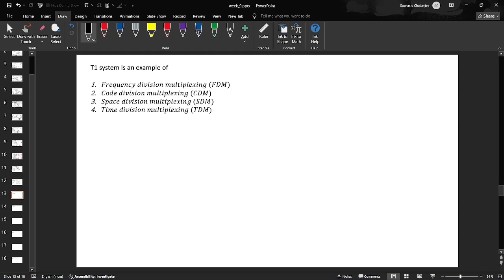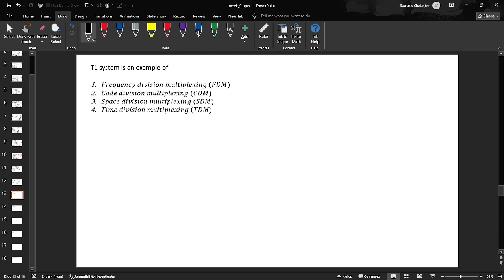This question is about the T1 system being an example of frequency division multiplexing, code division multiplexing, space division multiplexing, or time division multiplexing. We have already seen that in the T1 system we multiplex multiple voice signals in the time domain.